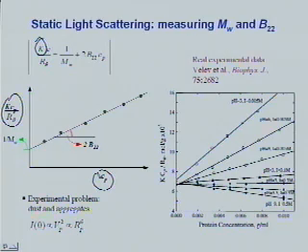You're going to get a set of points, and when you interpolate and extrapolate, you are going to find the second virial coefficient from the slope, and you are going to find the inverse of the molecular weight at the intercept.